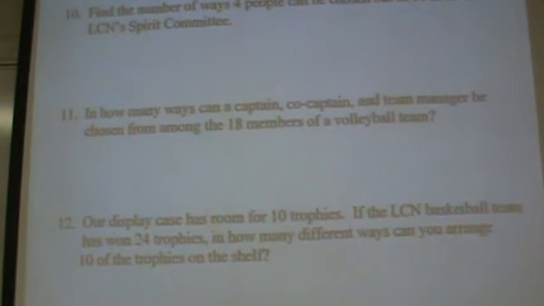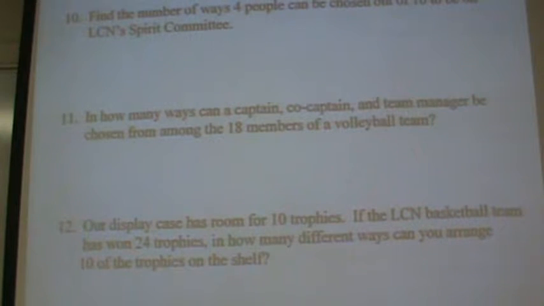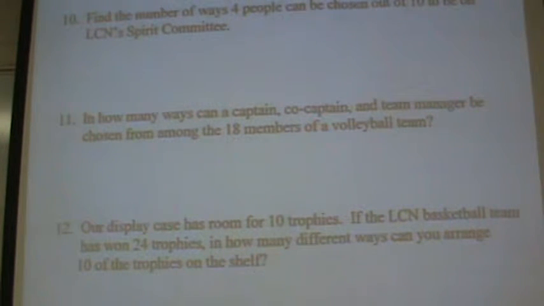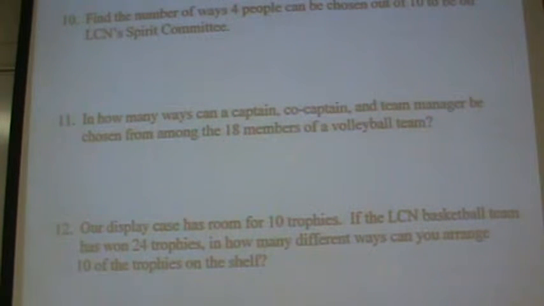Number 10. Number 10 says, find the number of ways 4 people can be chosen out of 10 to be on LCN's Spirit Committee. So this is a combination or a permutation. We have to decide which one. So we're picking 4 people out of 10 to be on a Spirit Committee. Does order matter? Order wouldn't matter for this one because you can pick any 4 people you want.